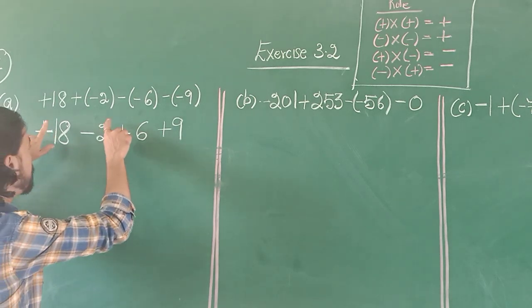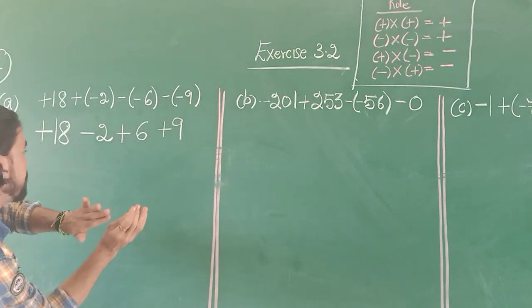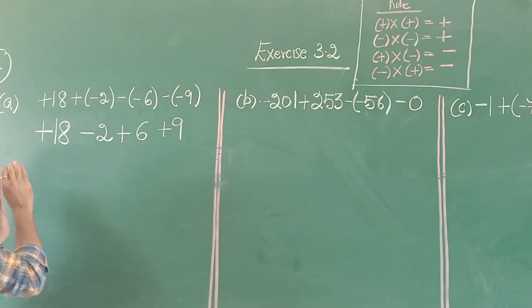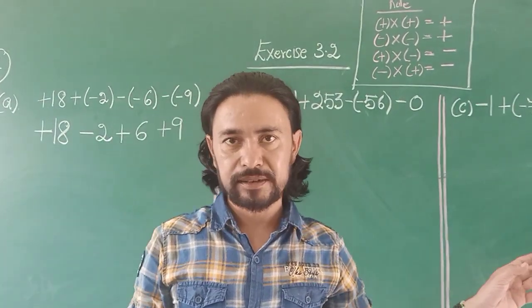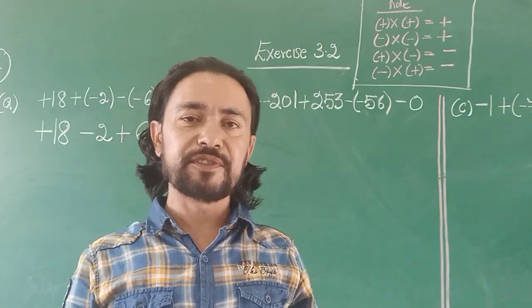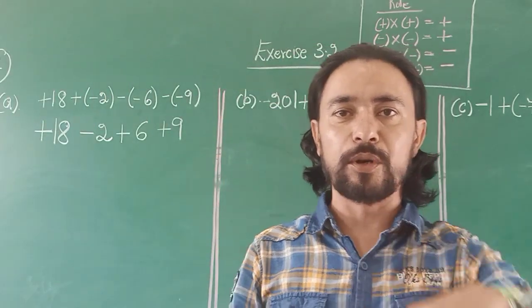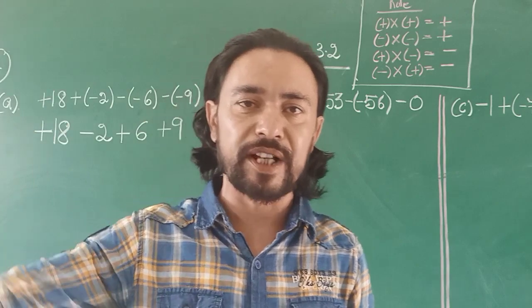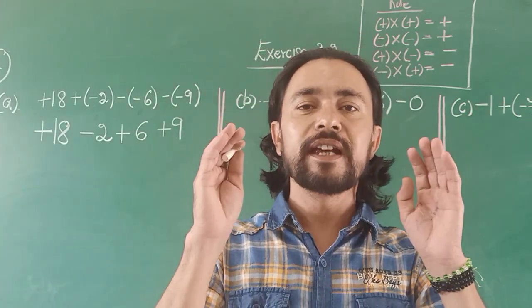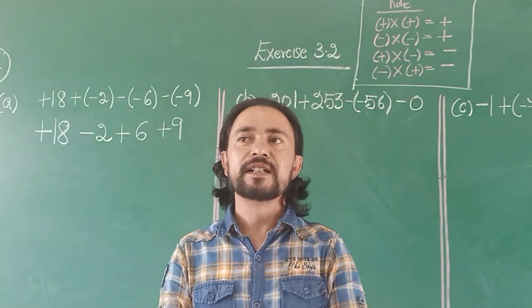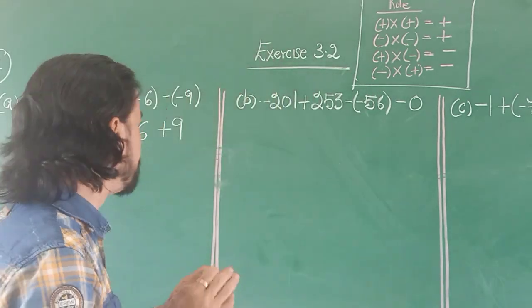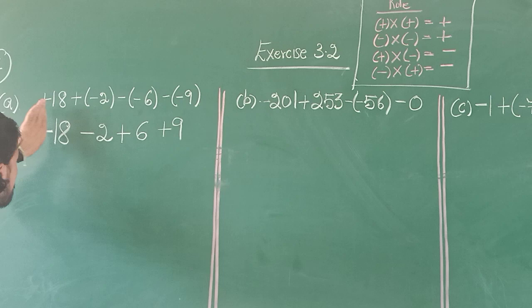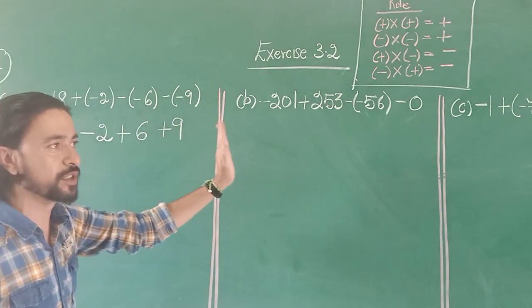Now what I will do is take all the positives and put them to one side, and I put all the negatives on one side. Now the side does not matter. You can put the negatives on the left and the positives on the right, or the positives on the left and the negatives on the right. But I always tell my children that it is better to keep your positives to the left and the negatives to the right.